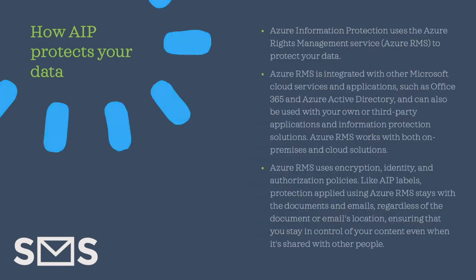Brilliant. And how does it do that? How does it protect the data that we are currently utilizing? So basically, AIP uses a thing called Azure Rights Management Service, which is built into Azure to protect the data. It integrates with cloud-based services and applications such as Office 365 and Azure Active Directory.